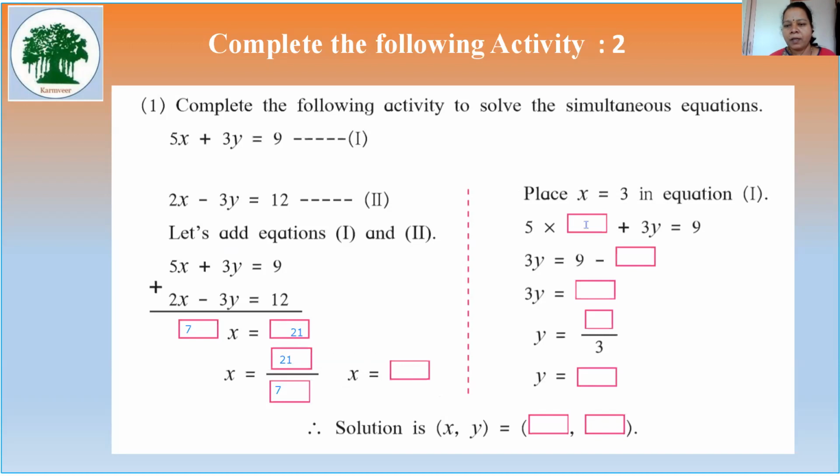So we replace x by 3, that is 5 into 3 plus 3y is equal to 9. So 5 into 3 is 15. If we change the side, we get 9 minus 15. So 3y is equal to negative 6.